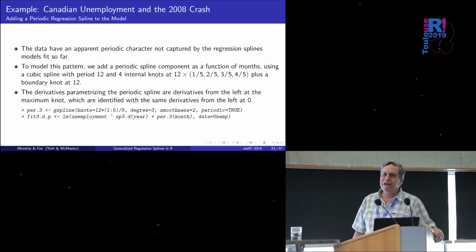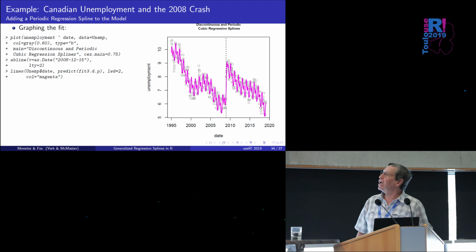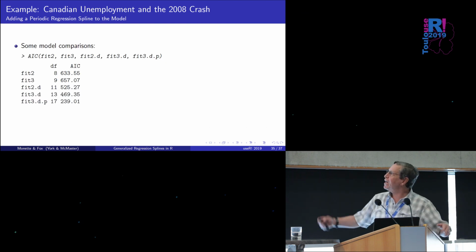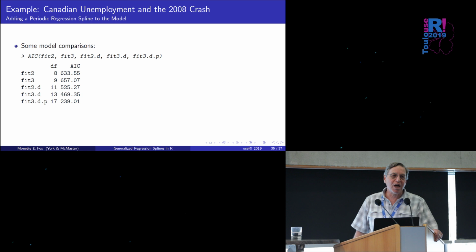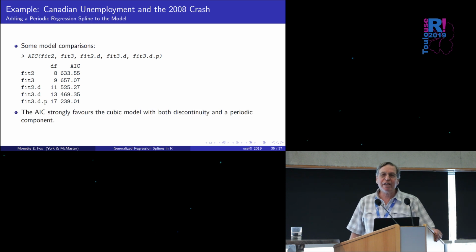And here we add an annual periodic spline to the discontinuous cubic spline, and apparently are able to capture the data better. Quick model comparison, the last model, which has both a discontinuity and a periodic component, is greatly preferred by the AIC.